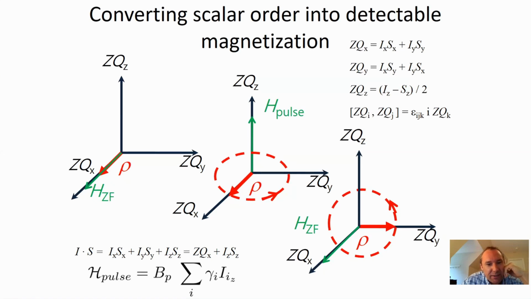Once we've prepared this at zero quantum y and we turn the pulse off, then the Hamiltonian that is active, that's all the way on the right, is now along zero quantum x again, because it belongs to the J-coupling Hamiltonian. And now the density matrix that is along zero quantum y will start rotating, as we discussed before, and generating eventually zero quantum z, which is the detectable thing that we observe, the magnetization, the magnetic field that we detect.